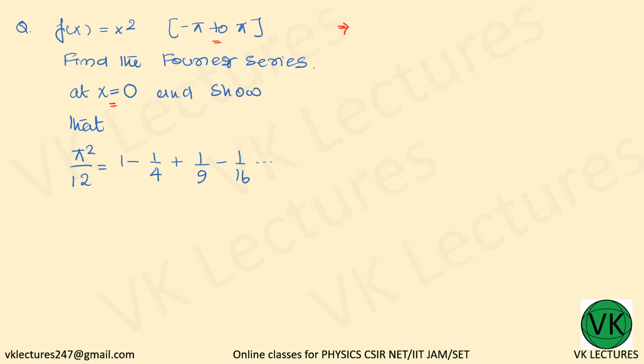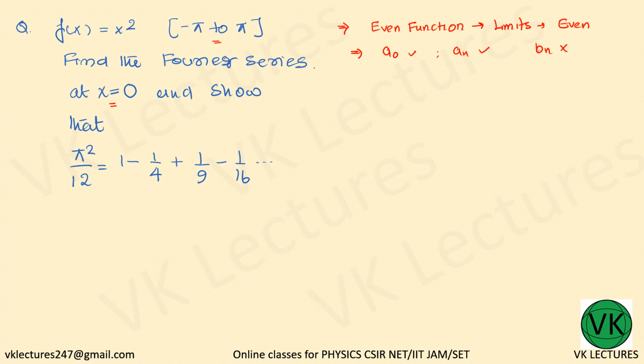Now this is an even function. f of x equal to x square is an even function, and the limits are also even. So we know that a naught exists while an also exists, and bn does not exist because this is a sine function.